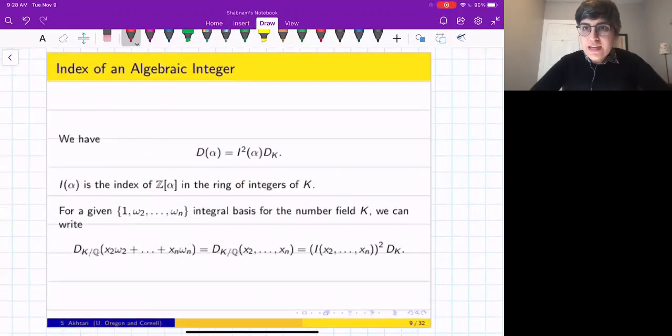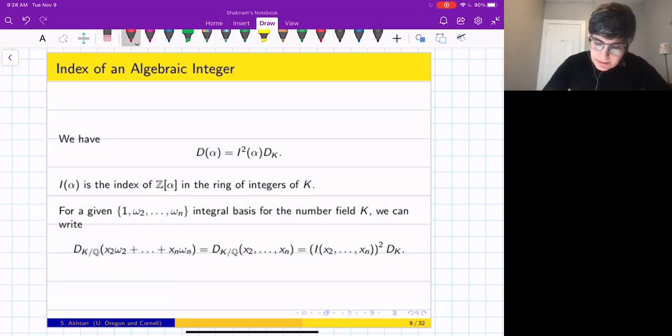Another thing we learned quite early in any algebraic number theory course is really how the discriminant is defined. If you pick a number, and here I didn't really define that, the discriminant of an algebraic integer would be calculated through the discriminant of its minimal polynomial.